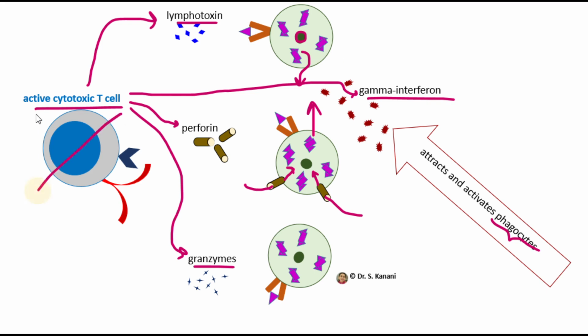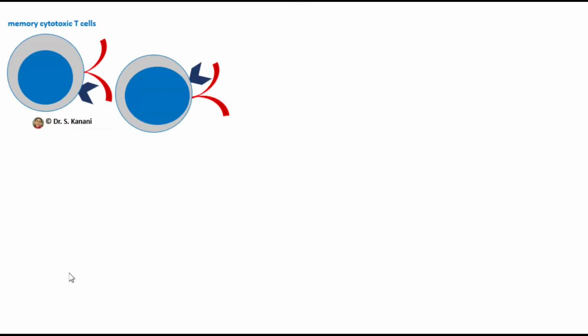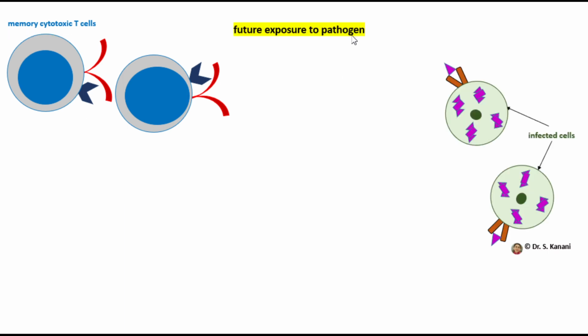Eventually, as I mentioned, the active cytotoxic T cells are going to die, and we are left with memory cytotoxic T cells, which in the future, when we are exposed to the same microbe, use their expertise, because they have experienced meeting that microorganism in the past, to quickly identify, for example, the MHC-I antigen complexes, and very rapidly become active and proliferate.